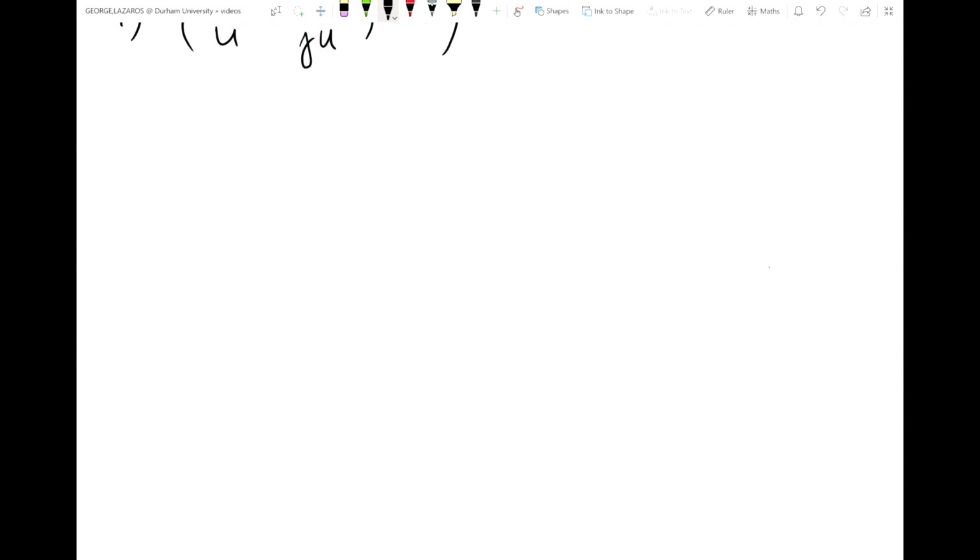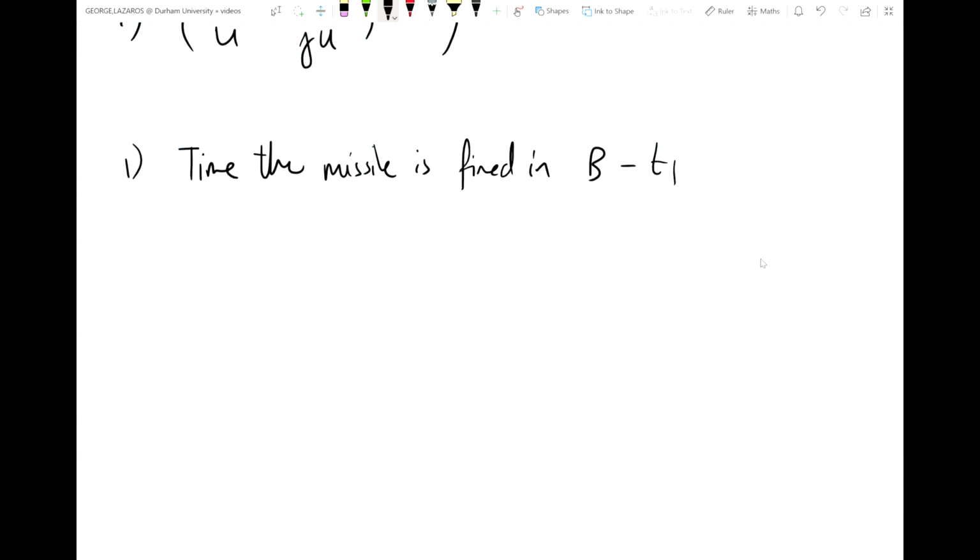Now, we actually want to answer the question we set out to answer, which was, will the missile still miss in frame B? So, to work this out, we need to compare 2 times. Number 1, the time the missile is fired in frame B. We'll call this T1.